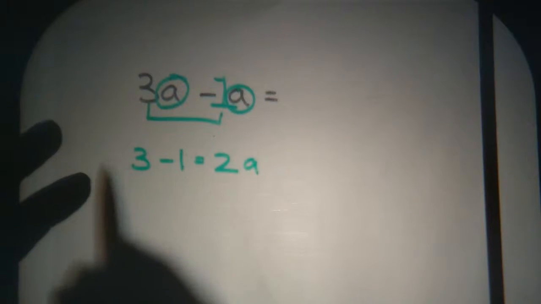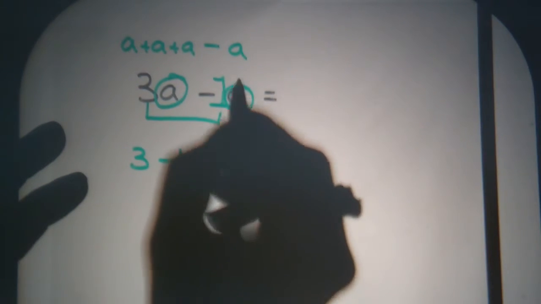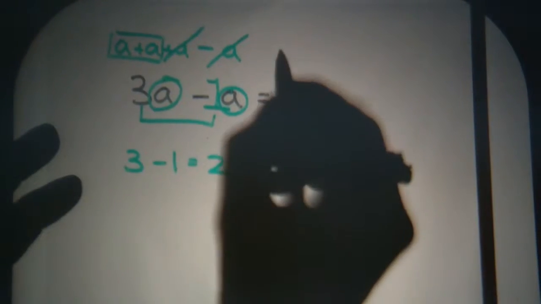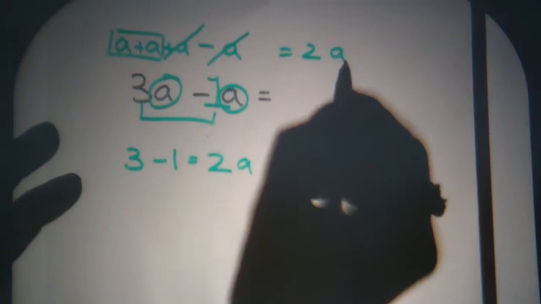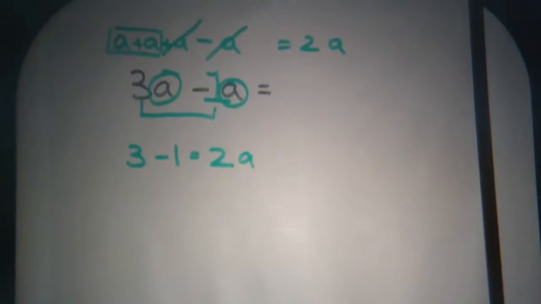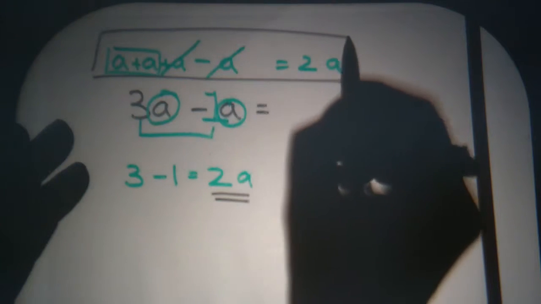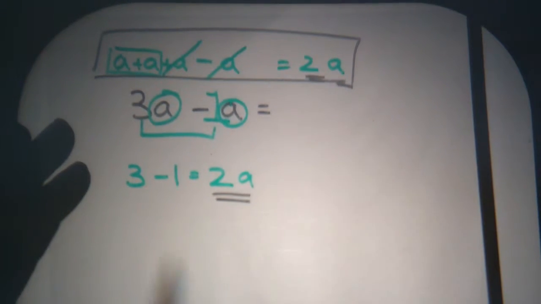2a. Let's prove it. A plus A plus A. Subtract 1a here. So that cancels that out, right? I took away 1. How many do I have left? 2 a's. So there you go. 2a. And then when we look at this with our model, we also have 2a.